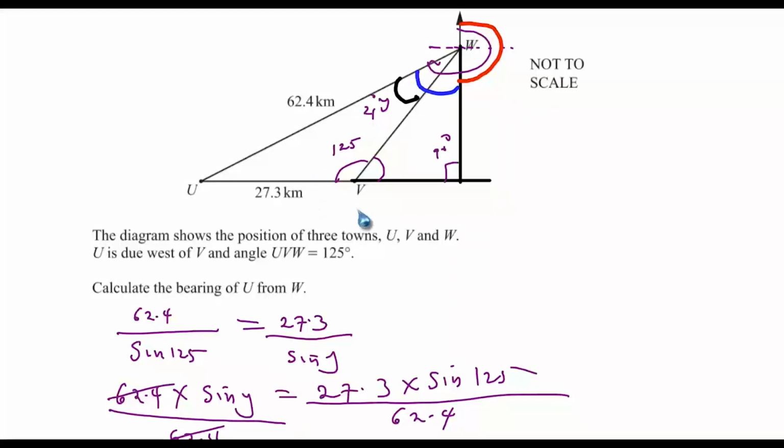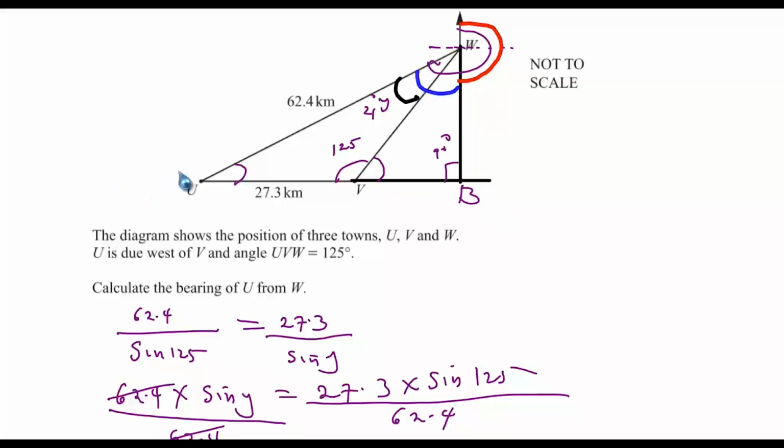Okay, so there is one thing we could do now. We can find the value of angle u here. Once we find angle u, let me label this angle b. We can add angle u and angle b, and that will give us the blue angle straight away.